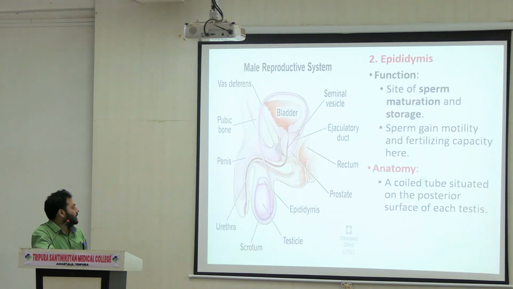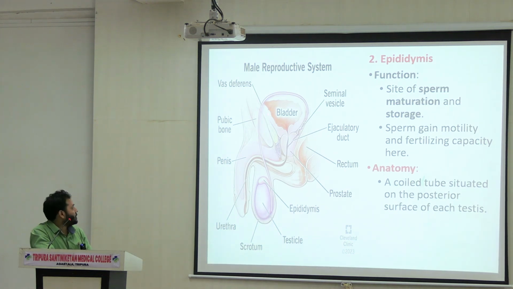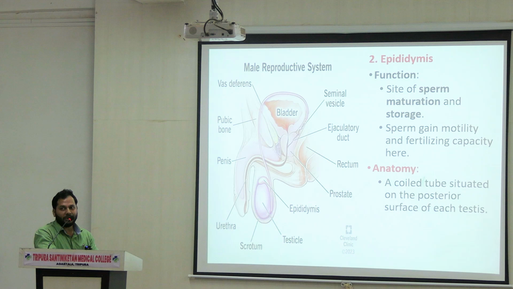Another important part is the Vas Deferens. What are its most important features? If you see the structural features, it is a tube-like structure and it is muscular in nature. These tube-like structures are involved in the release of mature sperm from the epididymis.